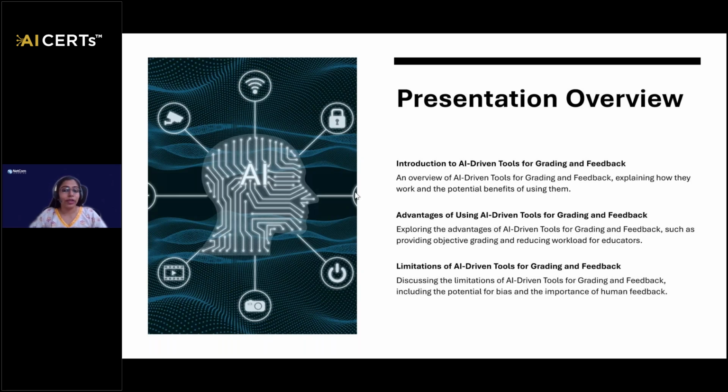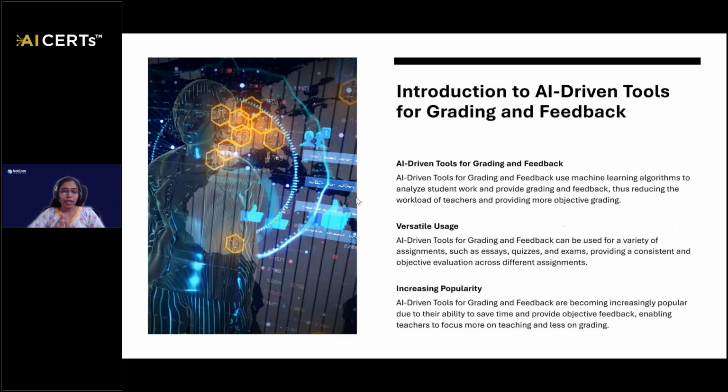So, let's start with the introduction to AI driven tools for grading and feedback. AI driven tools for grading and feedback basically use machine learning algorithms to analyze the student work and provide the grades and feedback to them.